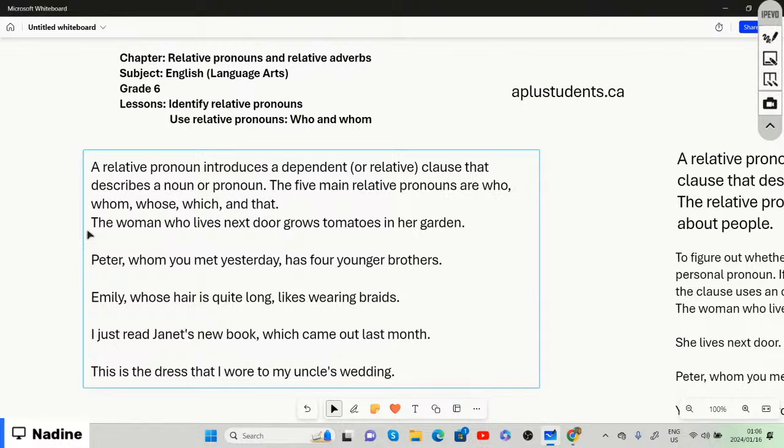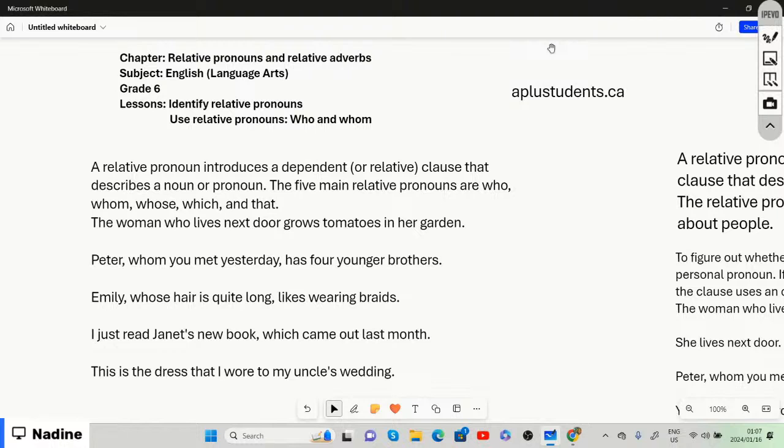And the five main relative pronouns are words such as who, whom, whose, which, and that.